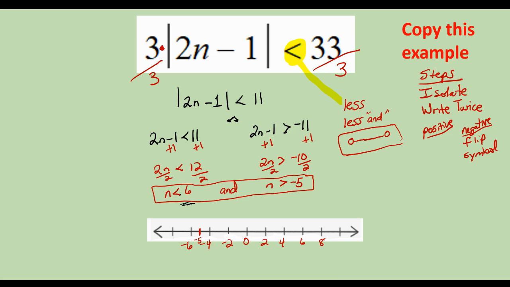All the numbers less than 6, and it's an open dot, so we go to 6. All the numbers less would be going this way, right? So far so good. And if we do this one, all the numbers greater than -5 with an open dot, would be going this way with the arrow, and oh, what do you know? They smash together into one solid line.